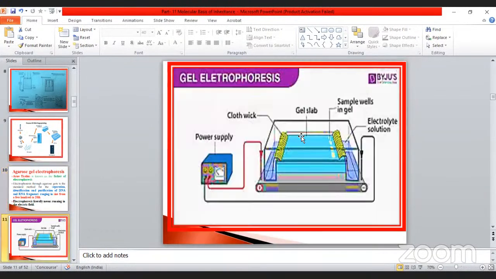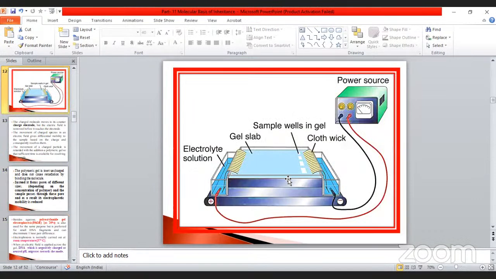See the next, the agarose gel electrophoresis setup. Okay, this is the gel. See the next slide, it can be seen easily. This is the correct way. This is the gel electrophoresis. There is a glass plate, and above the glass plate, agarose gel is coated on this part. Here there is a small well-like structure.